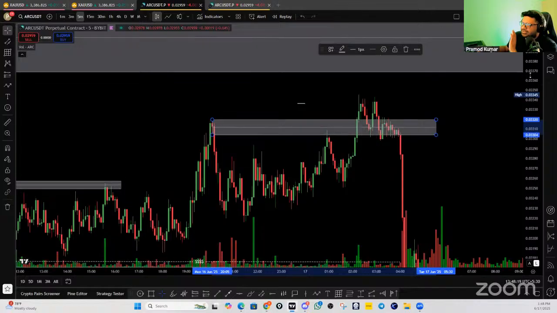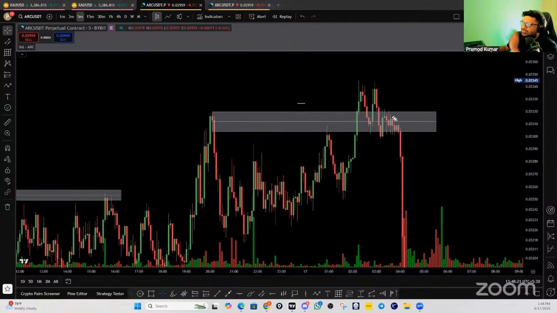And yes, there is a chance there will be no retracement, especially in this case. It went 50%, like you said, then started coming down. That's it. So in this case, if any candle closes above this, then this setup will fail. A candle should not close above this, sir. Then the market will go up.